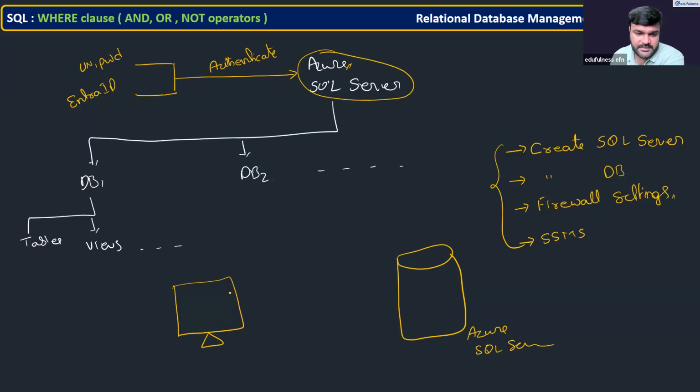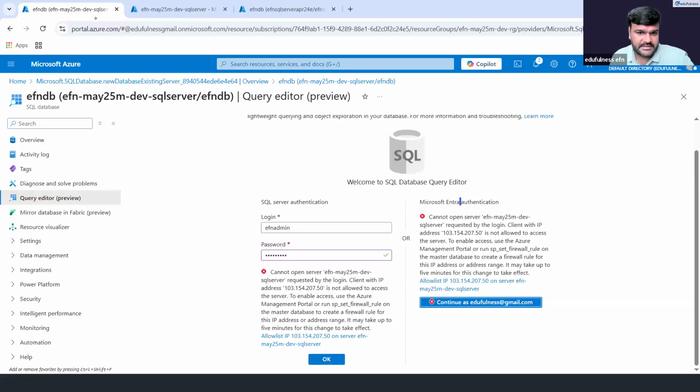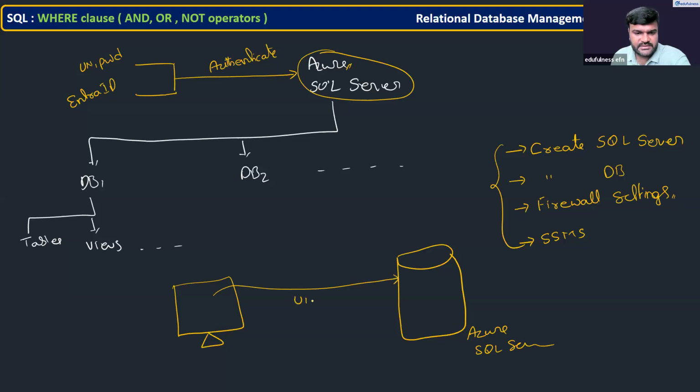So what is going to happen? You are trying to log in, right? You gave the username and password correctly. This request is going from your laptop. When the request goes from here to here, you are sending the username and password. That is the main authentication, but it is not going to allow. Though you give the username and password of the SQL Server correctly, it is not allowing.